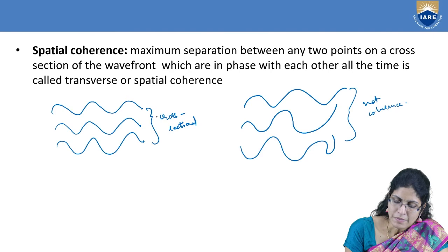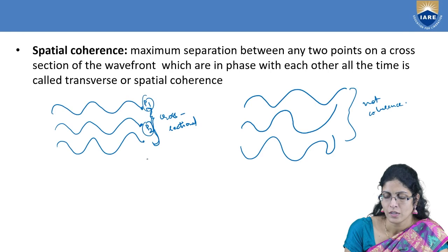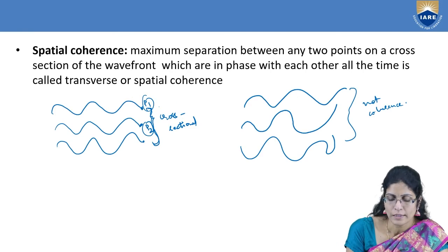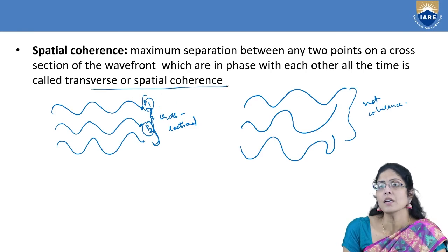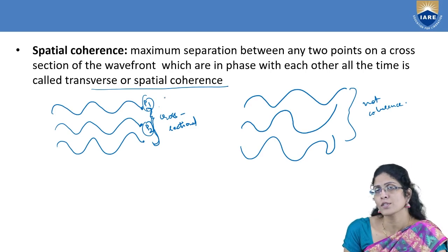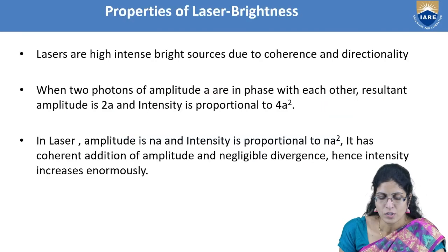So the maximum separation between 2 points on the cross section which are in phase with one another, and this should be in phase all the time, then you call that they are spatially coherent. And here you are seeing in a transverse way, hence you also call this transverse coherence. Hope you have understood this.